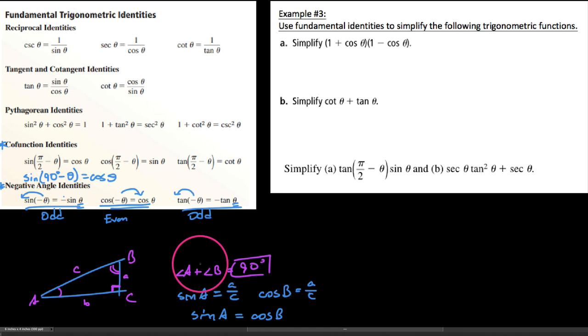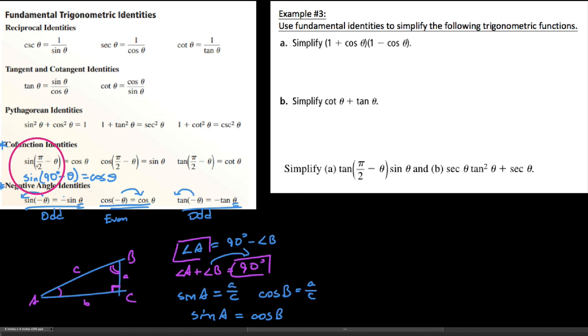And so if A plus B equals 90 degrees, then it must be true that the measure of angle A, if I were to subtract the measure of angle B over to here, is 90 degrees minus the measure of angle B. Long story short, whatever your angle here is, it's 90 degrees minus the other angle in the triangle, okay?